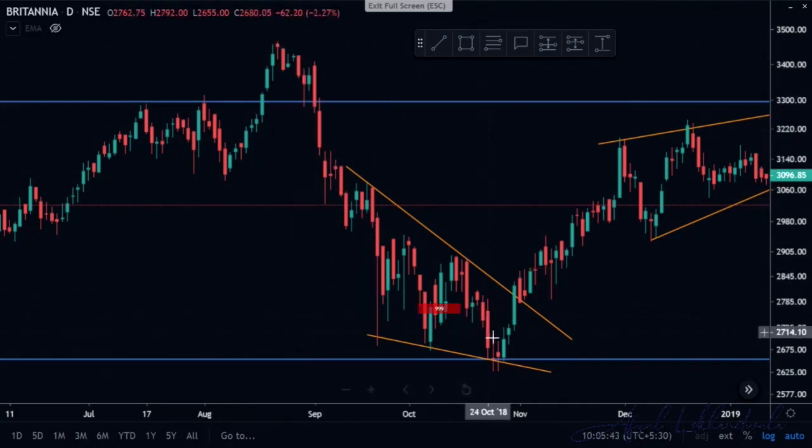Then the pattern started. Price broke above the pattern and moved in an uptrend. So here we can say that this pattern, the falling wedge pattern, has acted as a bullish reversal pattern. That means the downtrend which existed before the pattern got converted into an uptrend.